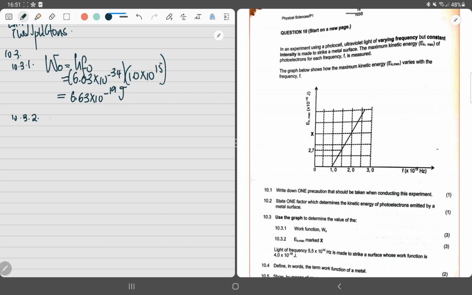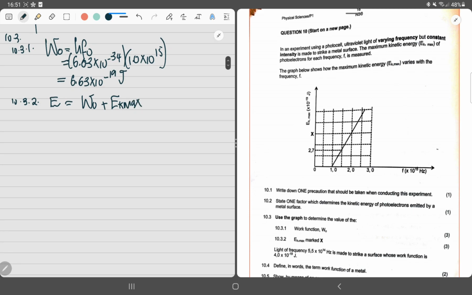So we know that energy should be equal to the work function plus EK max. The work function of the metal won't change because we are using the same metal. The only thing that we are changing is the frequency of the light. So the work function will remain as 6.63 times 10 to the exponent of negative 19. That's our work function.